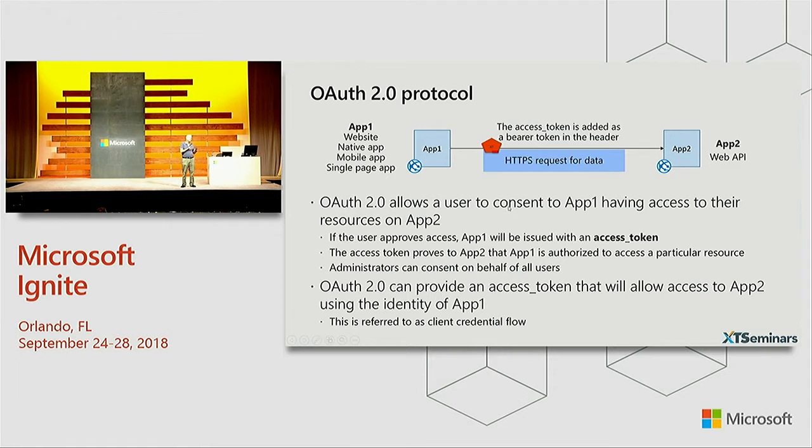So we can cope with all these different types of applications. And depending on your application, you have to request a token in a different way, and that is referred to as a grant or a flow. So when someone says to you, oh, it's an OAuth2 grant, it means it's an OAuth2 method for getting a token. All right? And depending on what type of application it is, you use a different method.